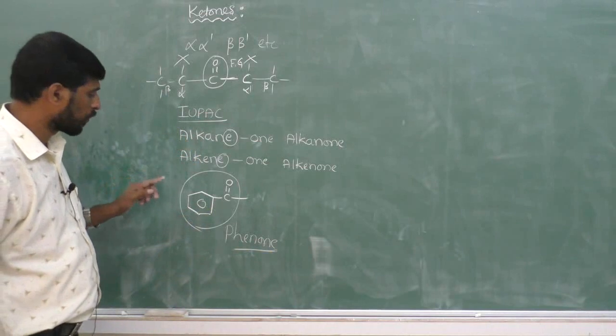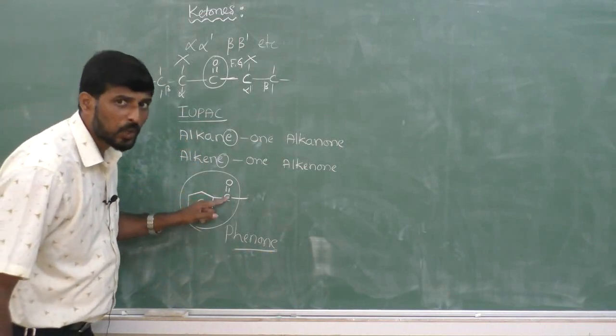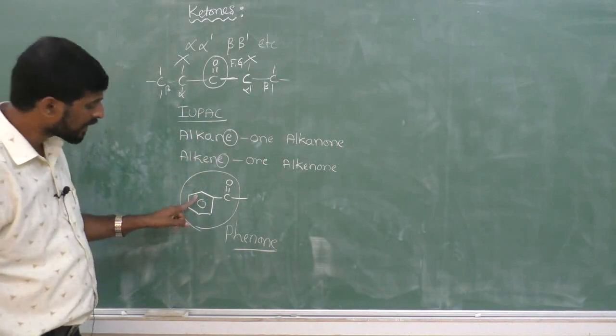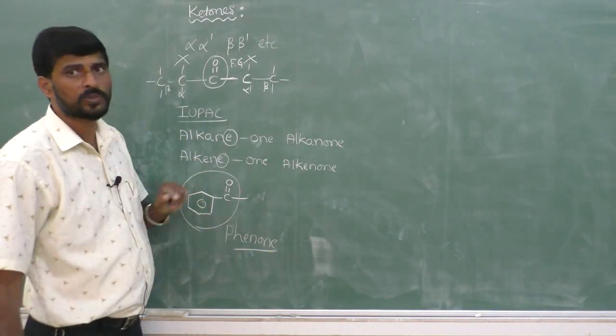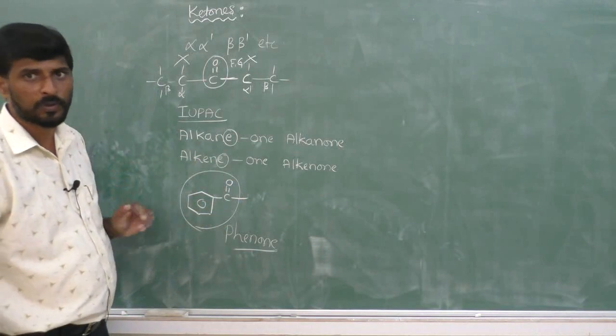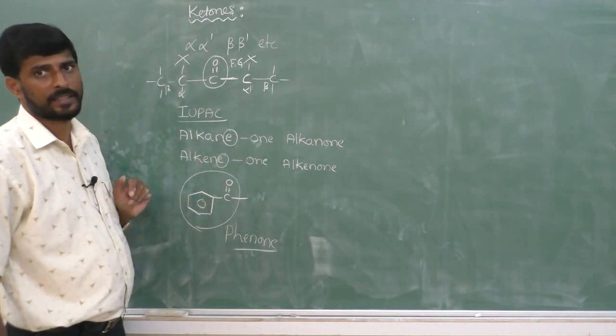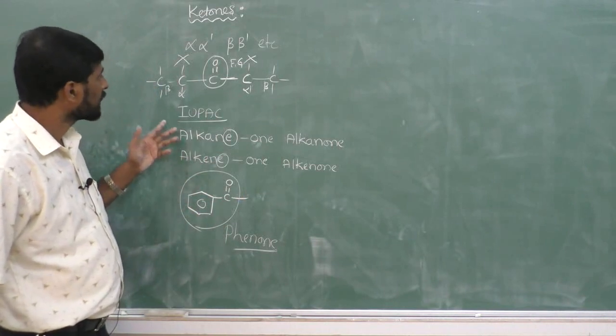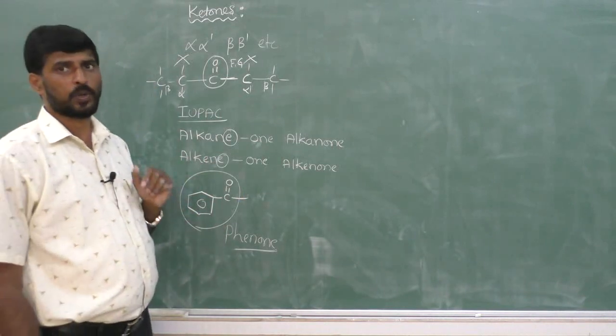If the carbonyl group is directly attached to the benzene ring, these are commonly called phenones, like acetophenone, benzophenone, like that. So, this is about the IUPAC and trivial naming of ketones.